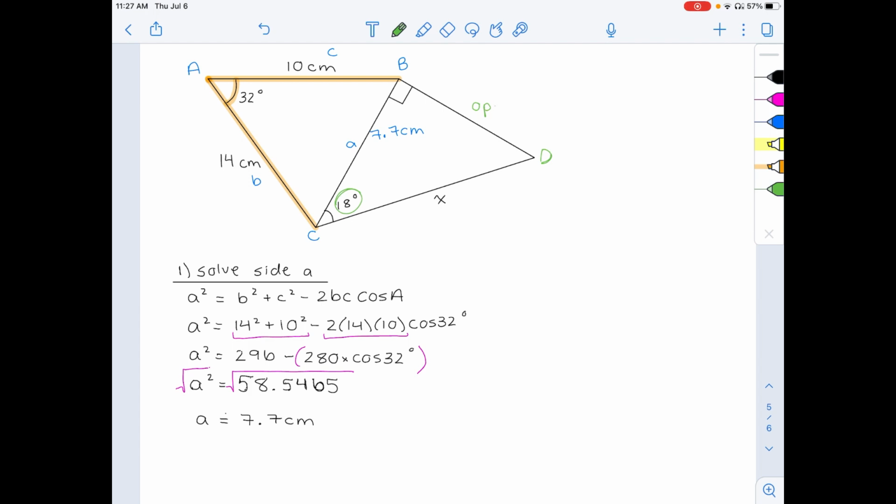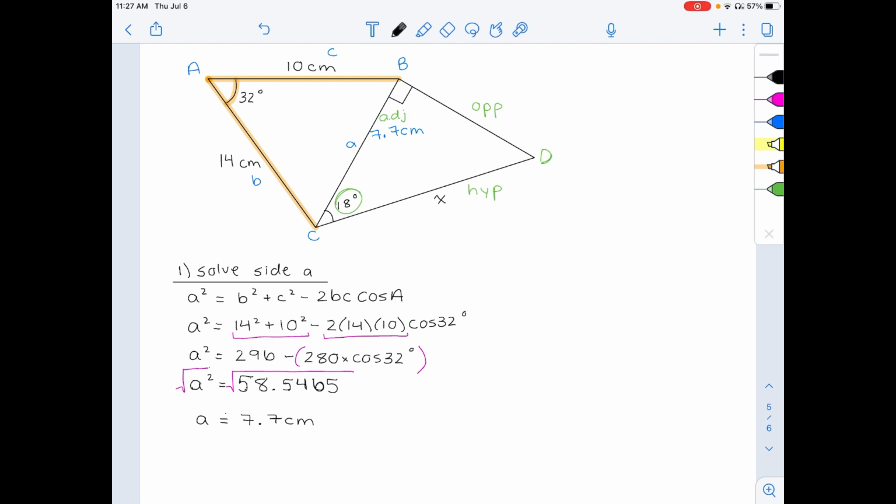You'll notice I do this in a different color so that I don't confuse my labels of my triangles. In this case, it's fine because one triangle is labeled with little a, little b, little c, and the other triangle here is labeled opposite, adjacent, hypotenuse. But I still like to do it in separate colors just so that I don't confuse things.